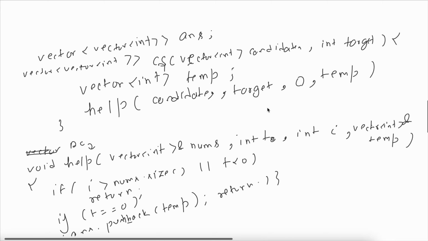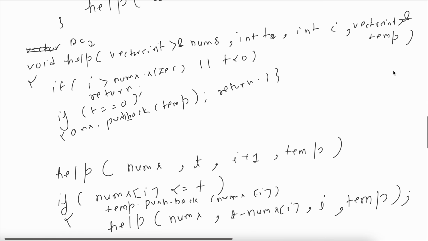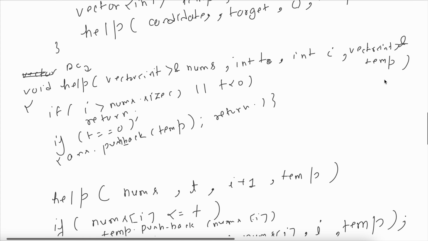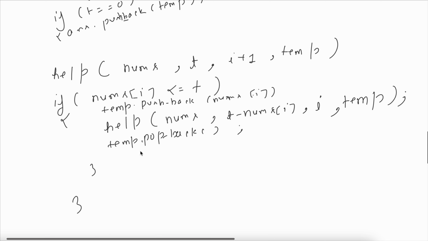Now I will show you the difference between reference and non-reference here. If we have used reference here, passing this temp, the current answer, as a reference, then we need to pop that answer. But if we had not used this reference symbol, then we don't need to pop.